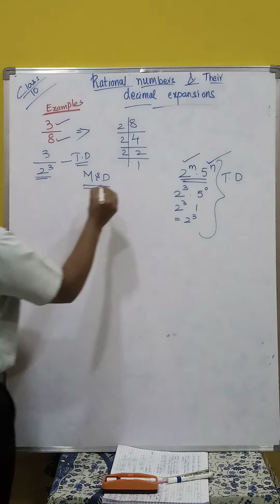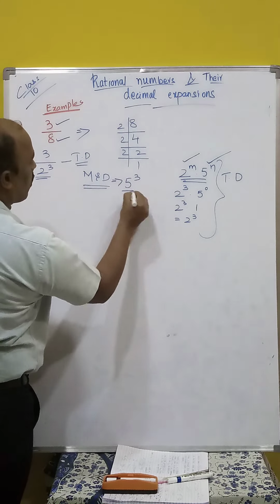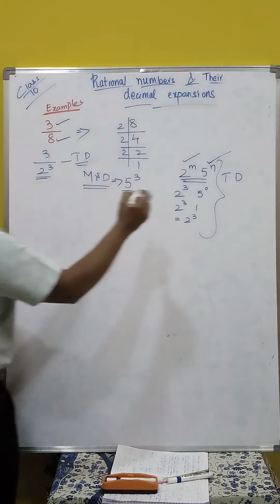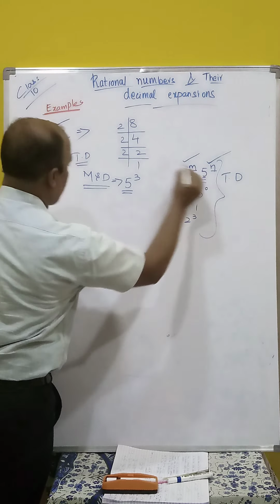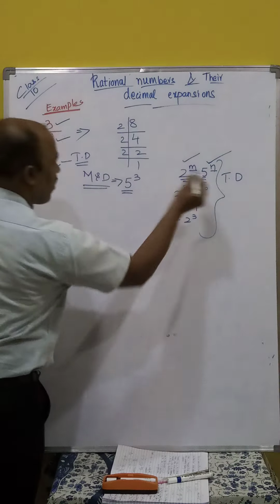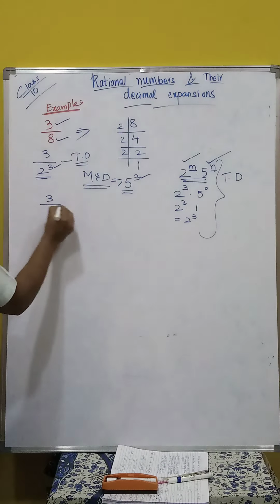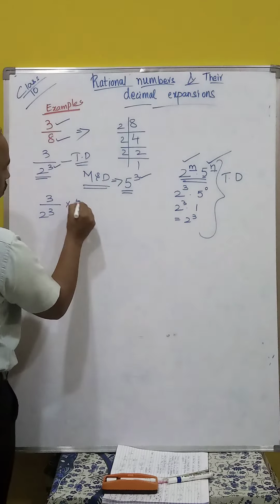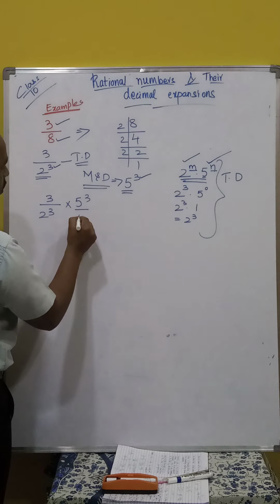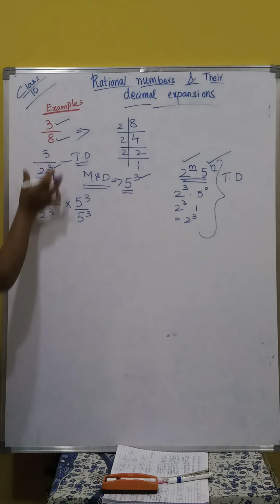Multiply and divide with 5 cube, because according to the theorem the second number is 5. The m value is 3 and the n value I am selecting as 3 only. Now 3 by 2 cube into 5 cube by 5 cube. If you cancel these two, we get the same number, there is no change.